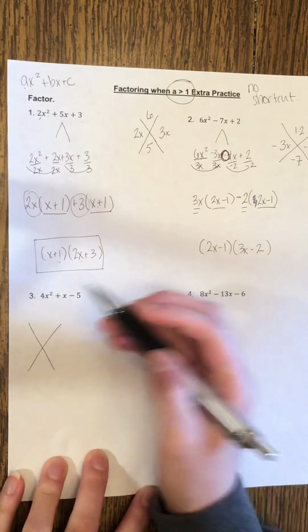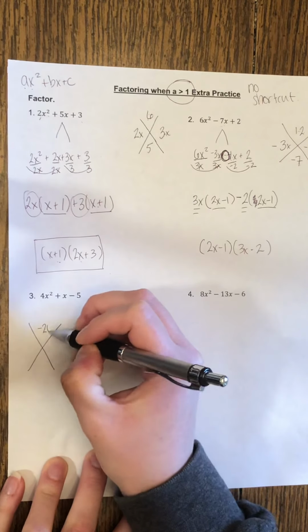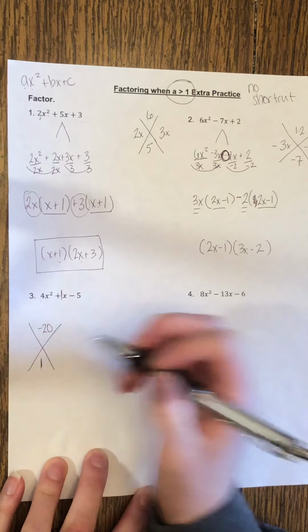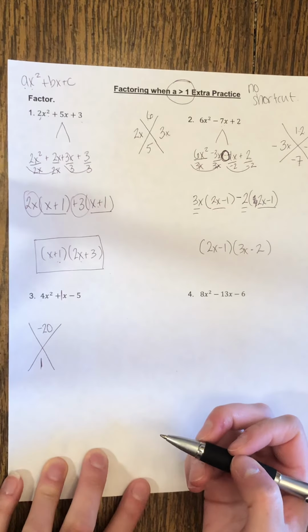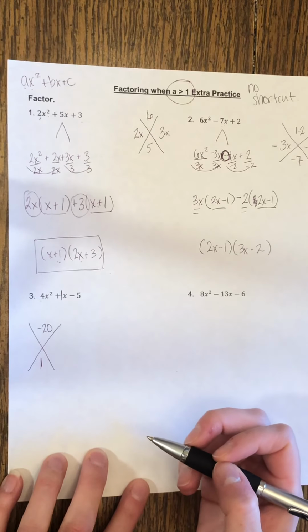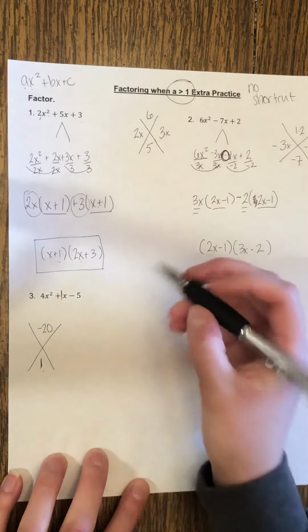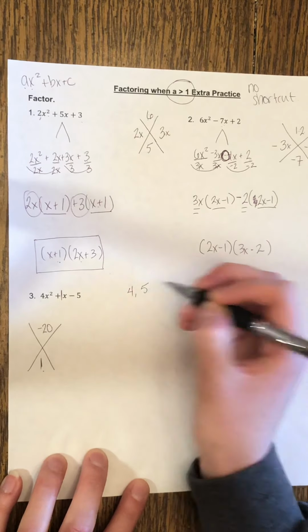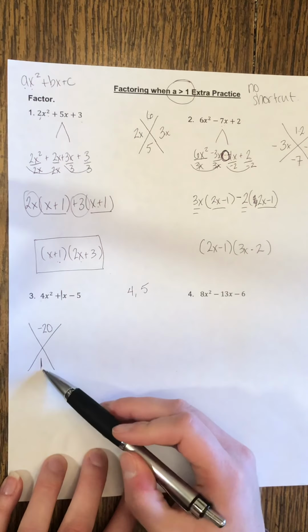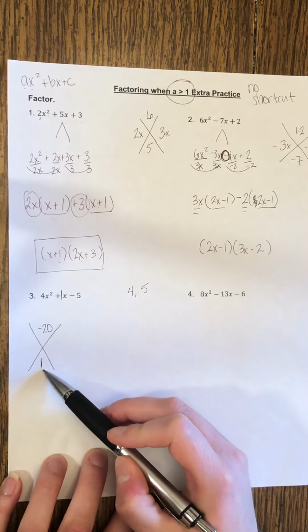A times c, 4 times -5, gives us -20. The b value is technically a 1, +1. So the numbers I want to take a look at, the factors of -20 that add up to 1, I want to take a look at 4 and 5. But which one would have to be negative in order for me to get a sum of a positive 1?